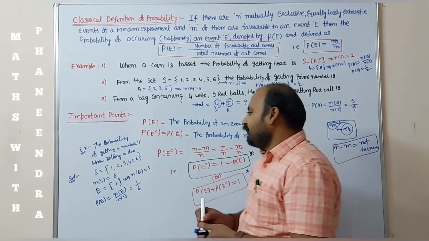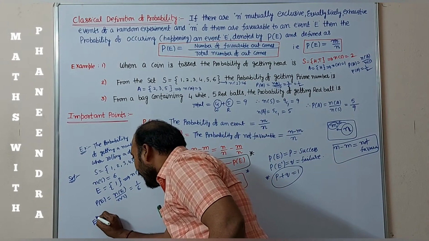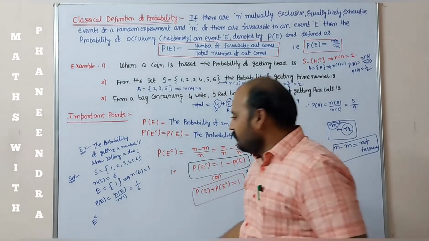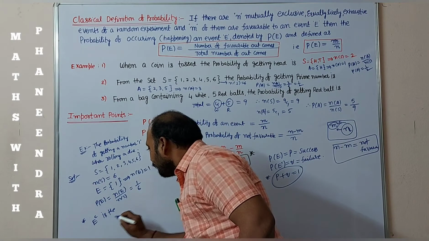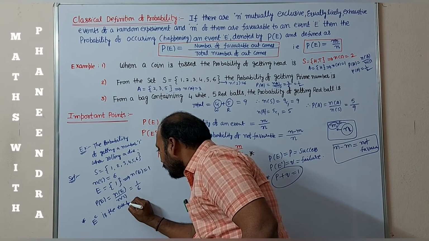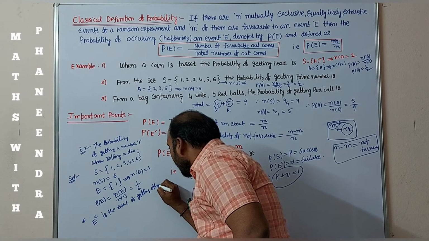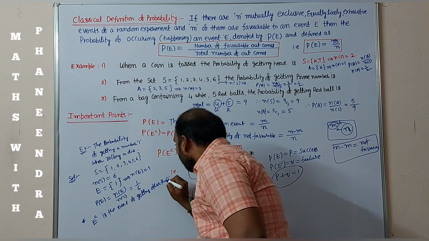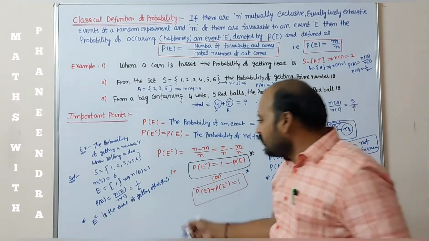So after getting this result, E bar, the E complement, is the event of getting other than 1. So other than 1 means the rest only.